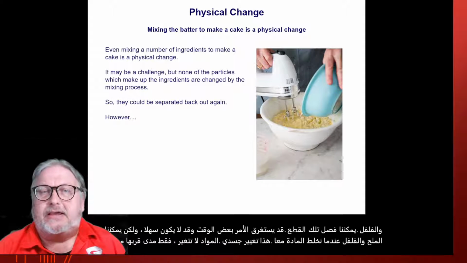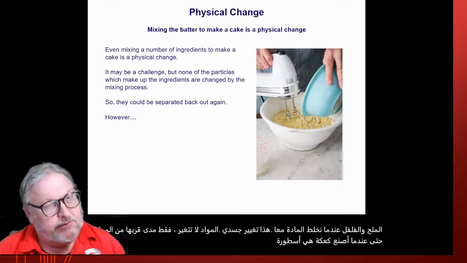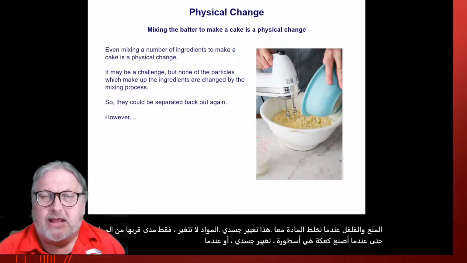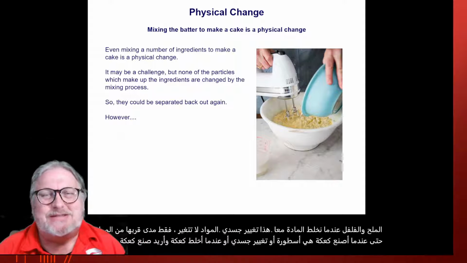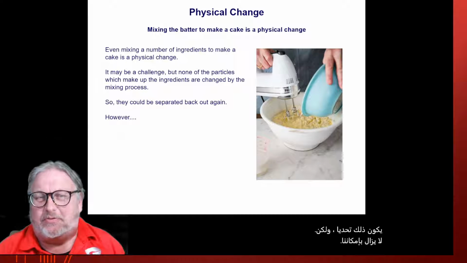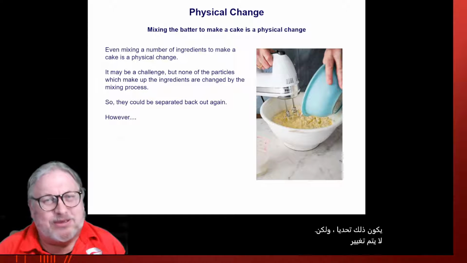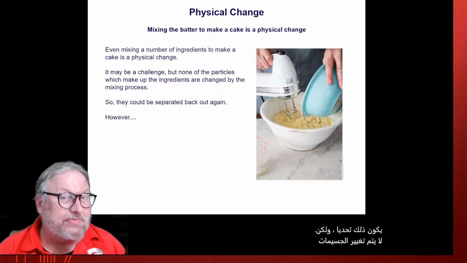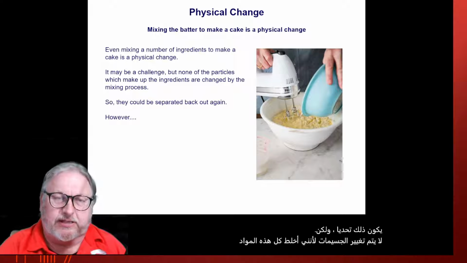Even when I mix up a cake, that is a physical change. Now, when I make a cake, it can be a challenge, but the particles aren't changed as I mix all those materials up. We can, with different methods, separate them back out again.